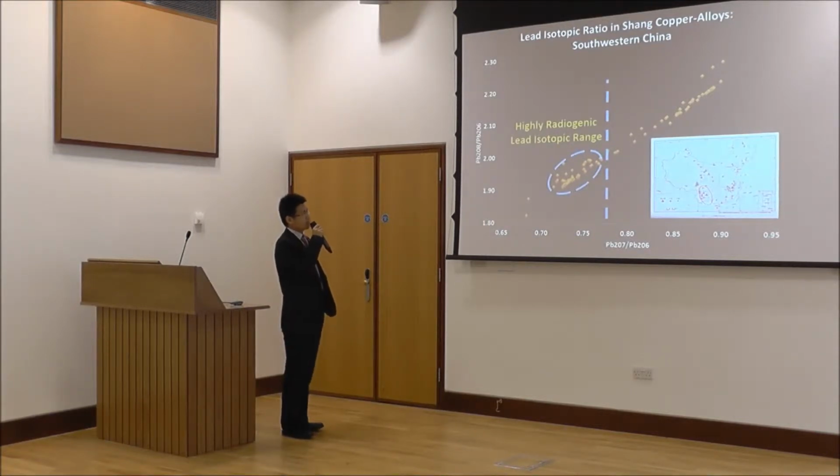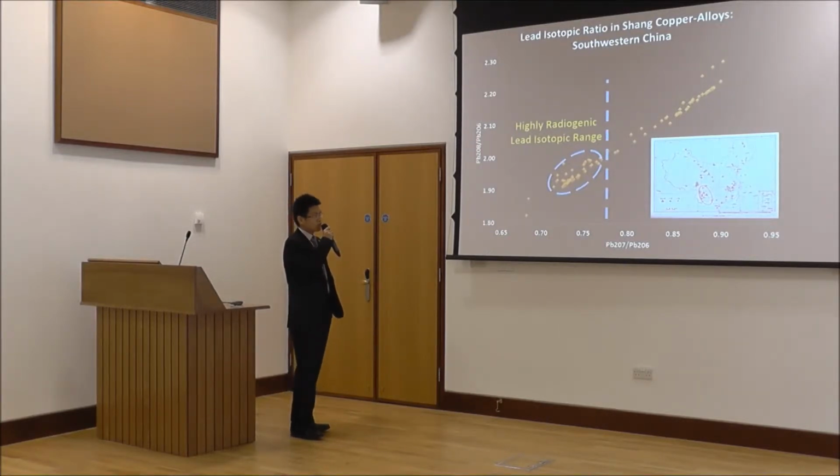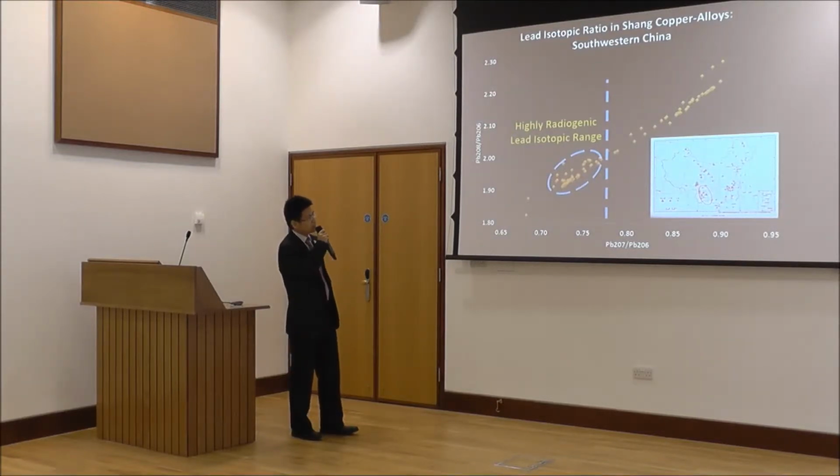Their main evidence is attributed to this highly radiogenic lead isotope. By highly radiogenic lead isotope, it means that lead isotope 207 by lead isotope 206 is below 0.78.